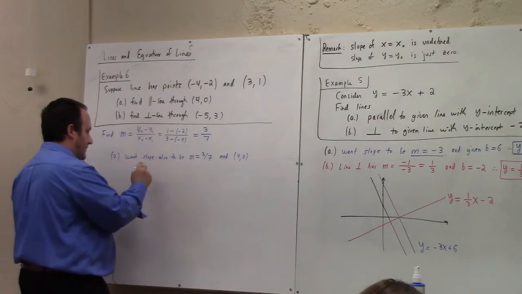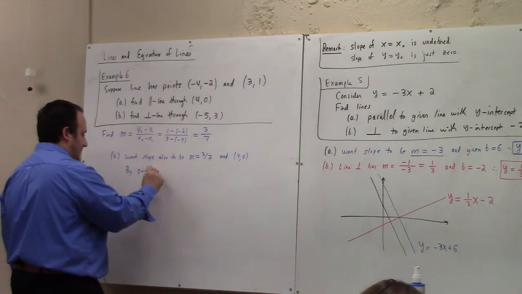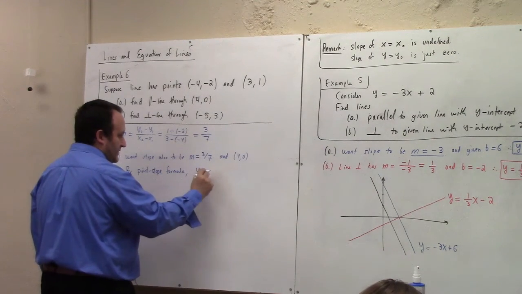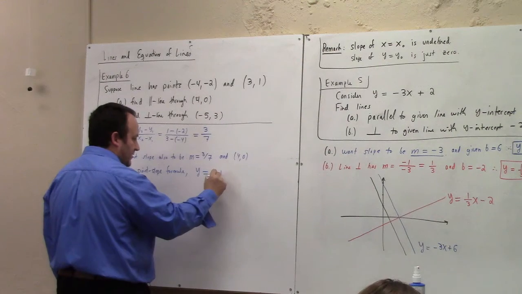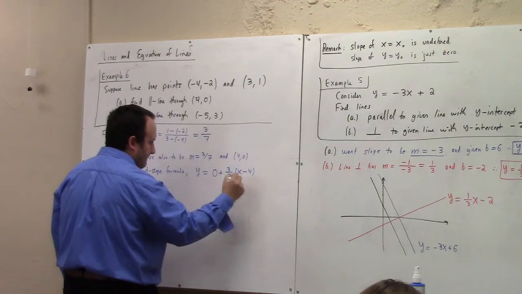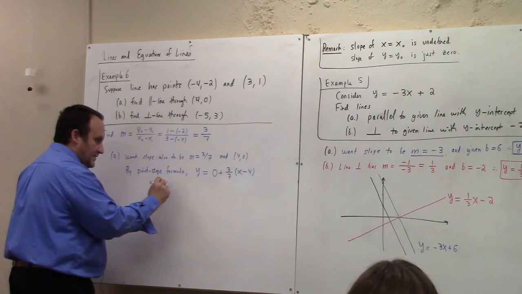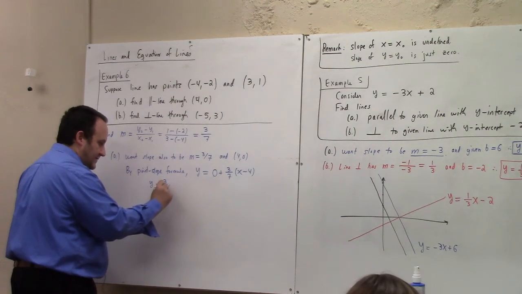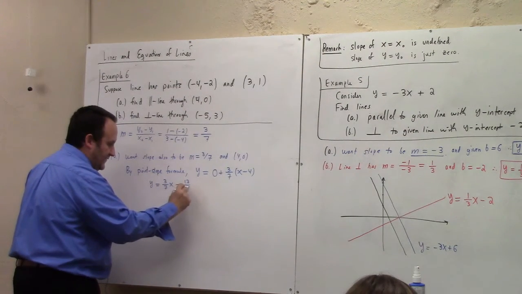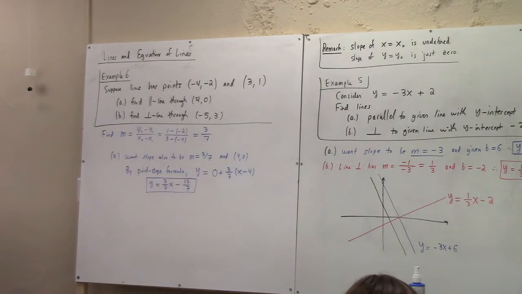So by the point-slope formula for a line, I get y equals 0 plus 3/7 times x minus 4. So I'll just clean it up a little bit. That is y equals 3/7 x minus 12/7. If you want me to give my answer in slope-intercept form, there it is. That's the parallel line.